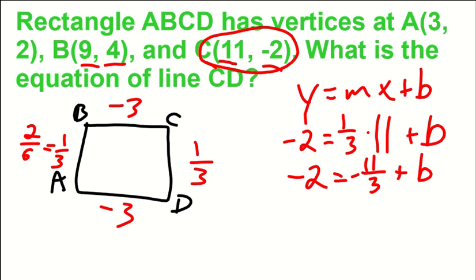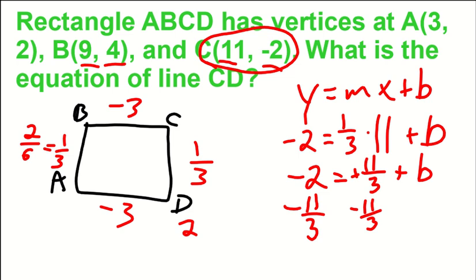So what we're doing, we're going to subtract 11/3 from each side. We had a positive 11/3. So when we subtract, if the signs are the same, we add.